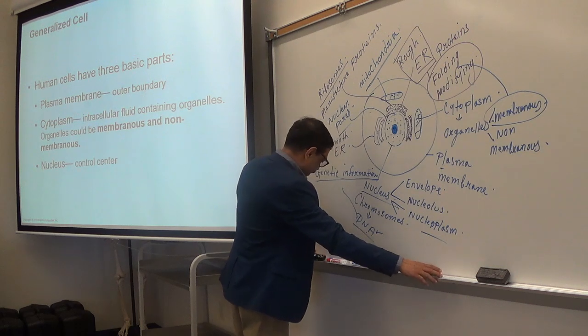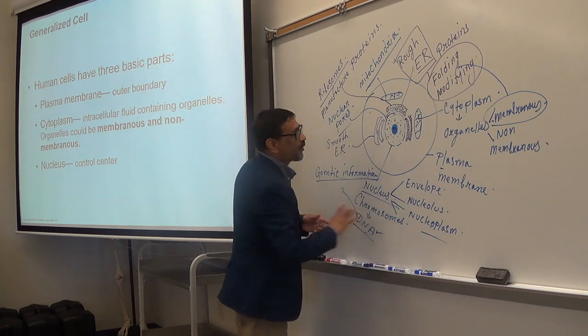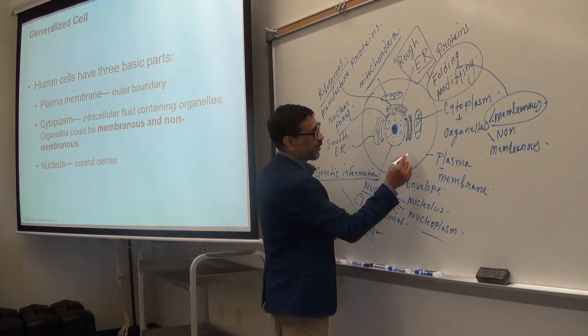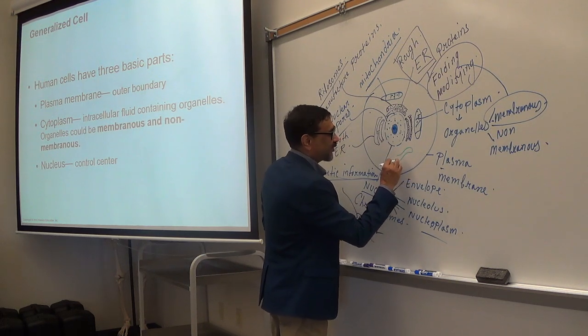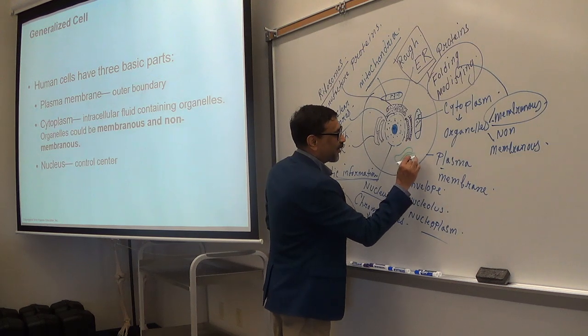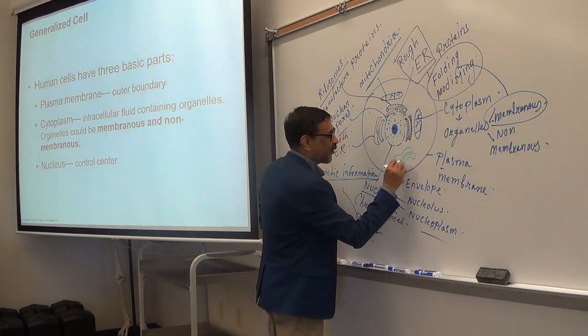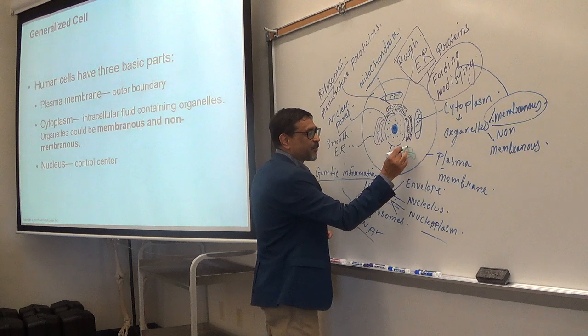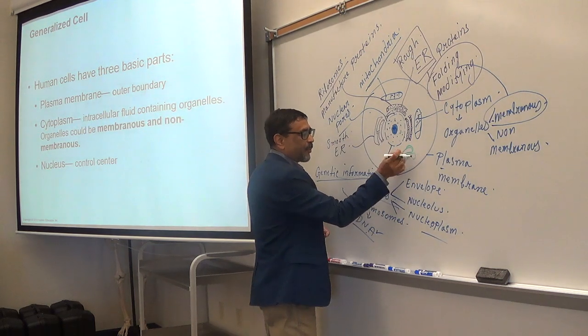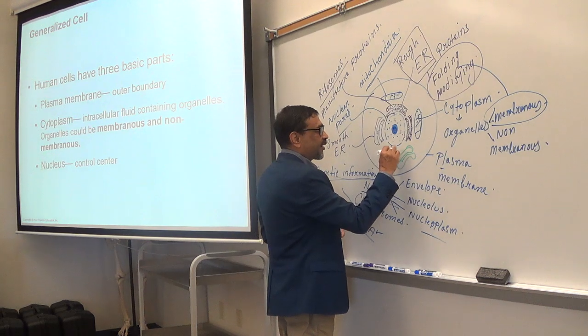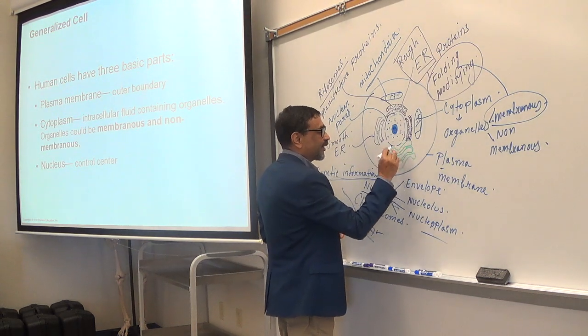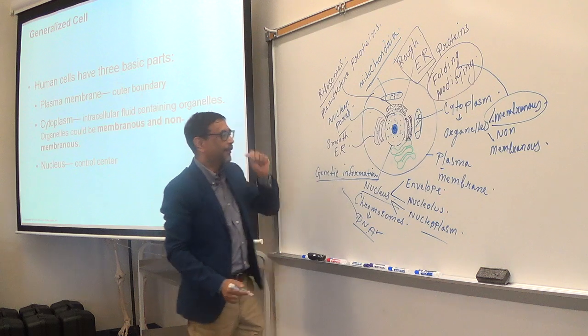There is another structure, looks like flattened membranous sacs. Both ends are expanded like this, and the middle part is narrow, and they are packed together, stacked together like this, okay, piled together.